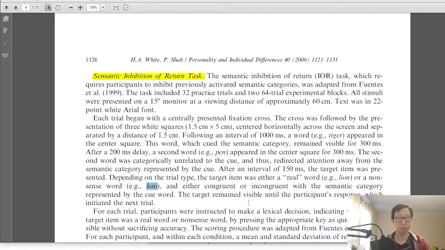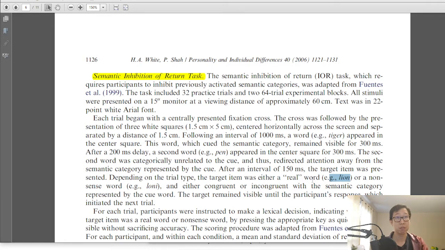So I think what they're testing here, and they have to do that as quickly as possible without error, is the ability of the participant to not go back to the second word that was shown. And keep in mind, the third word is either in the same semantic category as the first, or it's not.